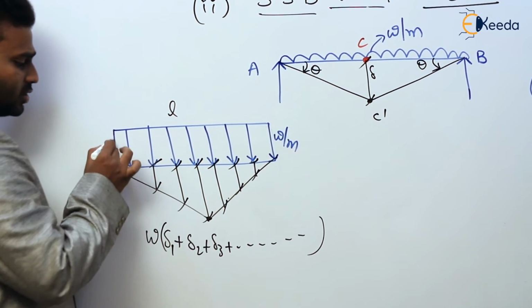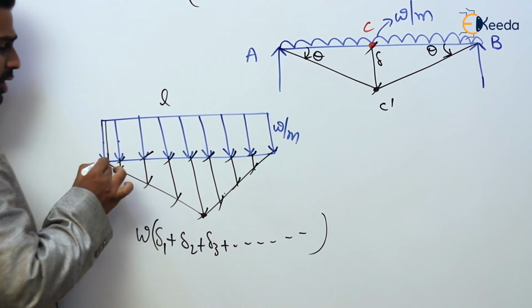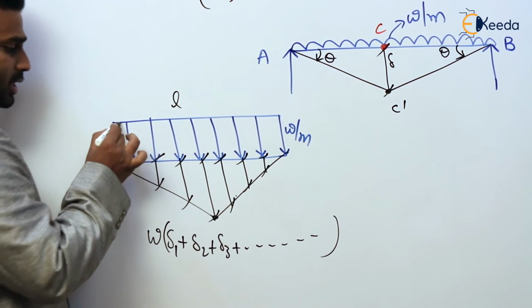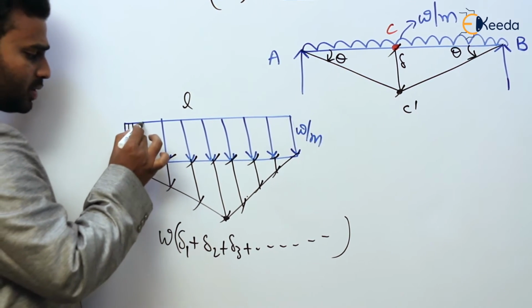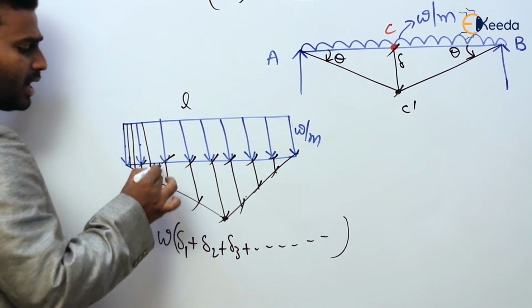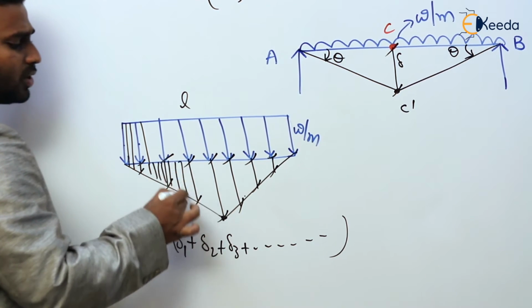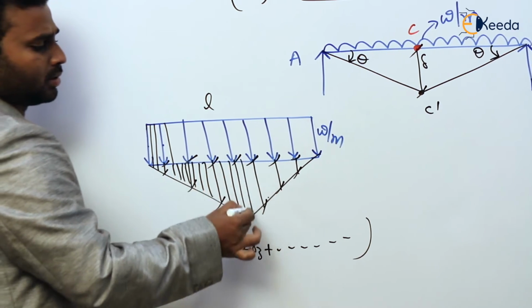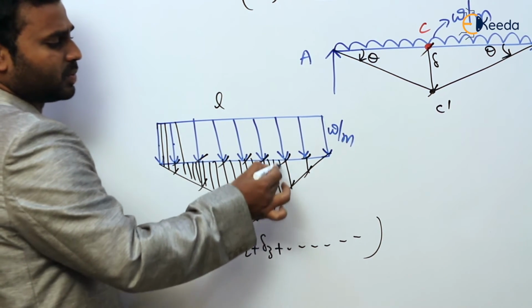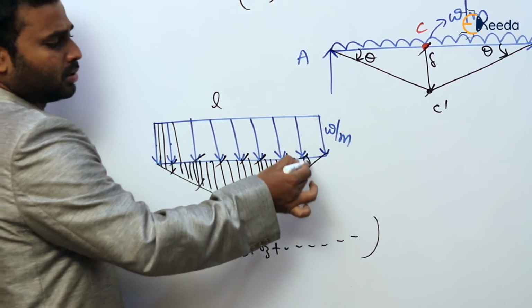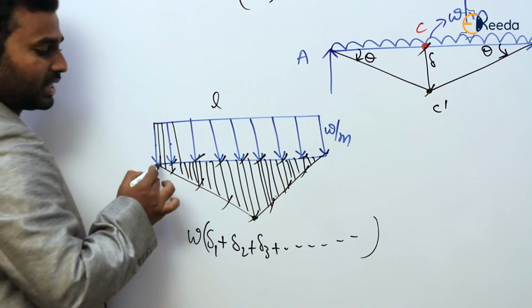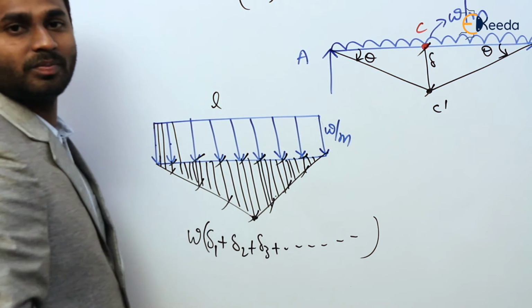Here this is one point load, next to this there is one more point load, so there is the displacement. Likewise for each. If we add all those displacements, what are we going to get? We are going to get the area of this triangle. Yes or no?